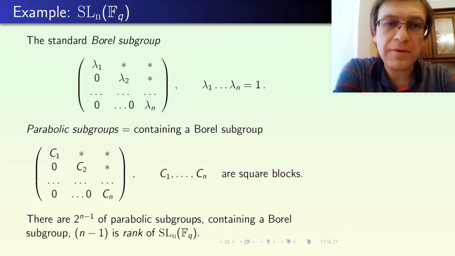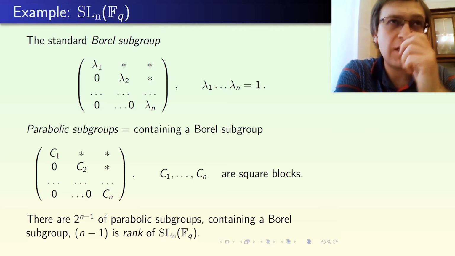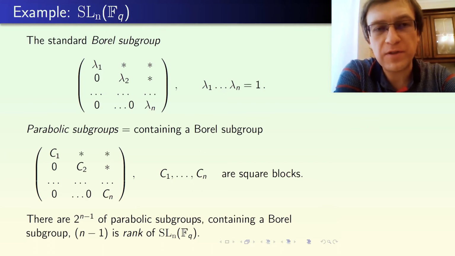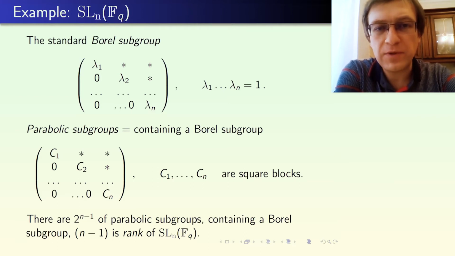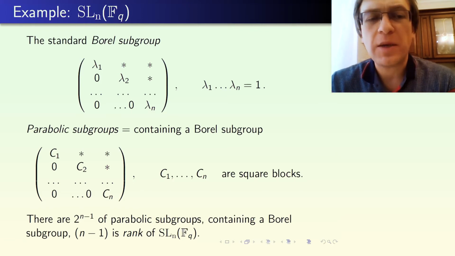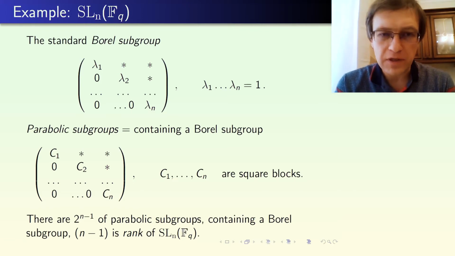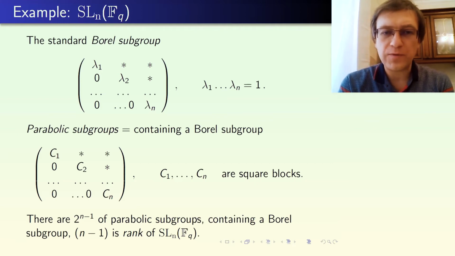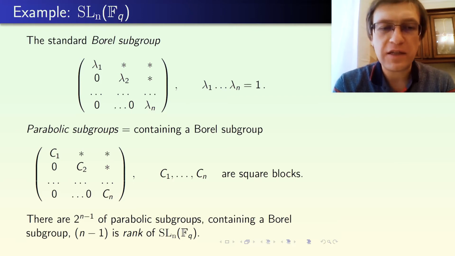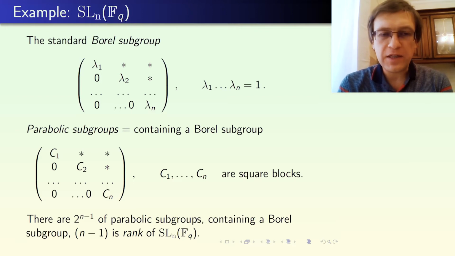Another thing: I would say that the world of subgroups in Chevalley groups is infinitely difficult, but there is a very understandable series, and maybe the only such series of subgroups in these groups. These subgroups are called parabolic subgroups. By definition, they are all subgroups which contain a Borel subgroup. In our case, SL_n, it can be described easily.